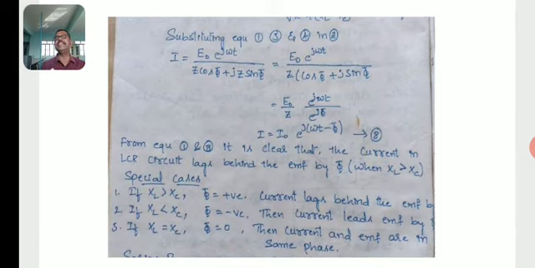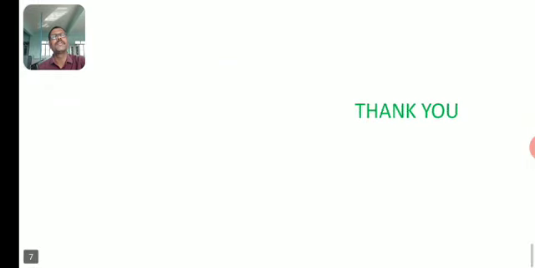Under that condition, the current lags the EMF by phi, or the EMF leads the current by phi. This is the relation between current and voltage in an AC circuit containing a resistor, inductor and capacitor. Thank you.